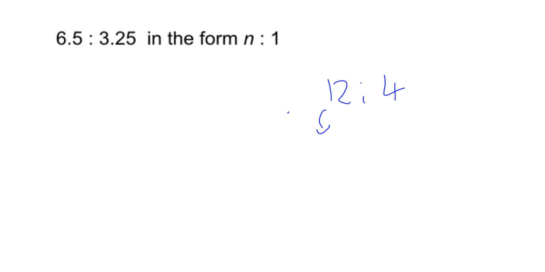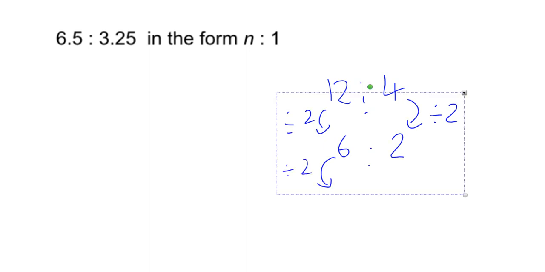So I could say, well, divide by 2, I get 6. Divide by 2, I get 2. Can I simplify it some more? Yes, I can. I can simplify there, divide by 2 again, and I get 3, and do that, divide by 2, and I get 3 to 1. Or I could do it in one go, divide both sides by 4.